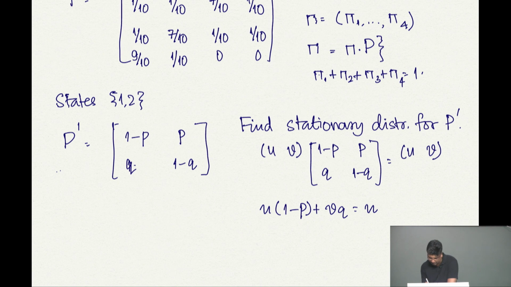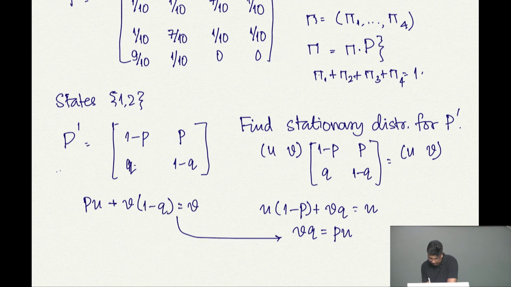If I simplify this, I get vq is the same as pu. The other equation that I get is pu plus v times 1 minus q is equal to v. Again, I get the same equation. On the other hand, I also know that u plus v is equal to 1.